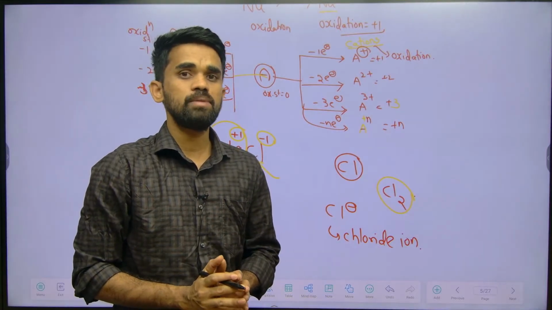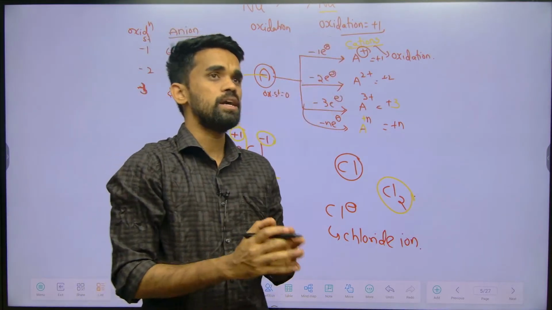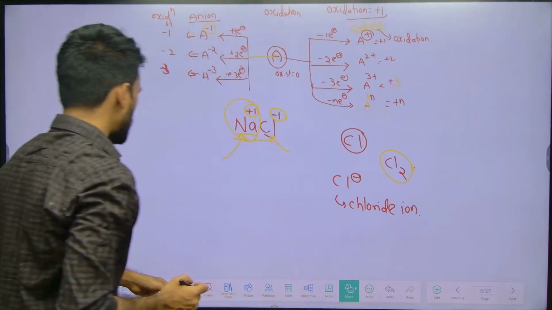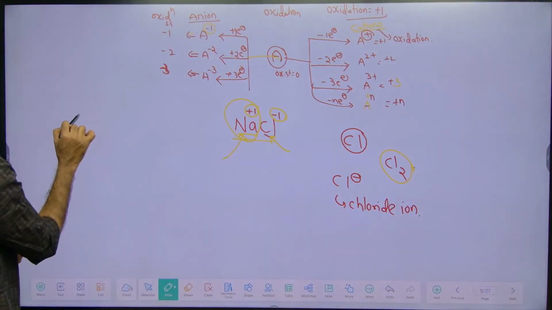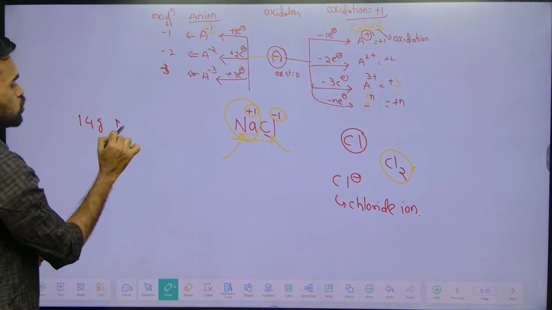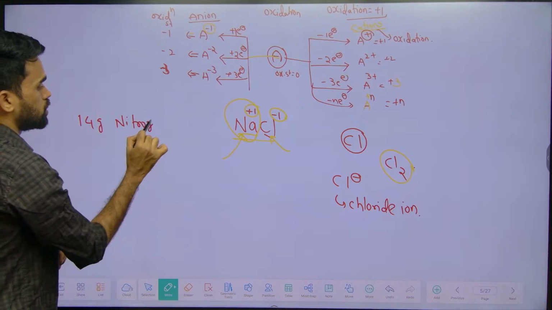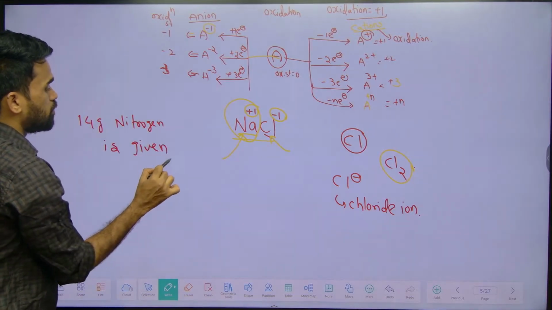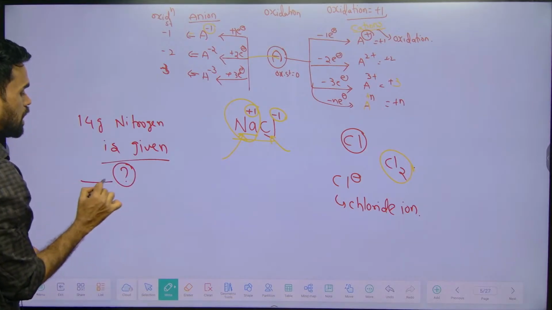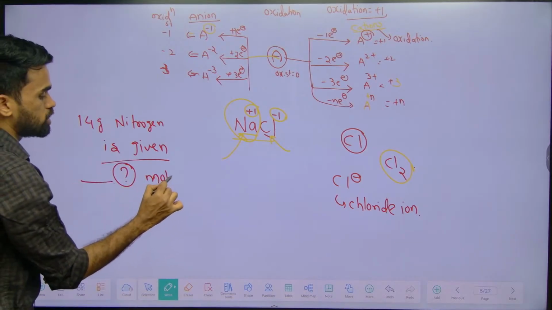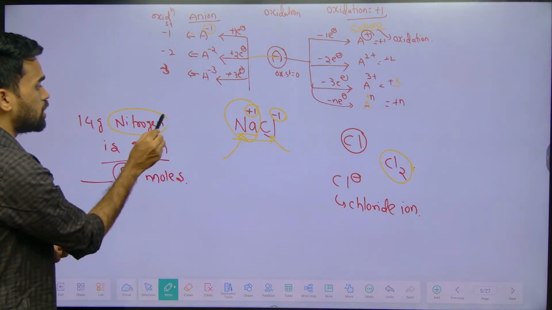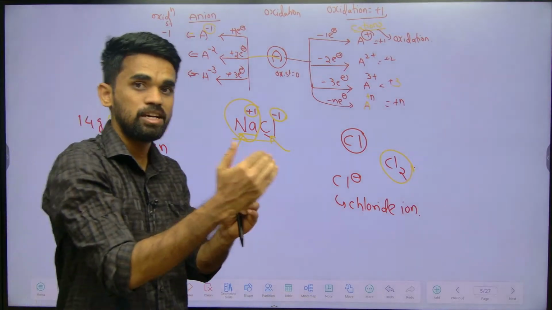Because in the exam they will ask you something like this: 14 grams of nitrogen is given, then they will ask the number of moles of nitrogen. How can you understand this question? They mention nitrogen, but they haven't given clarity on whether atom or molecule.